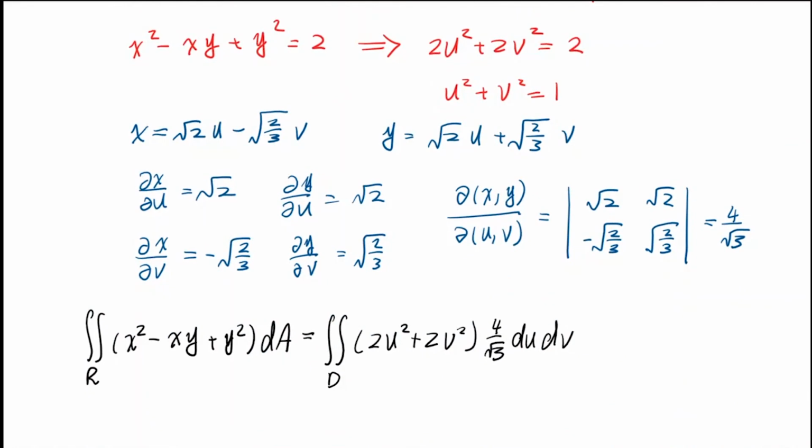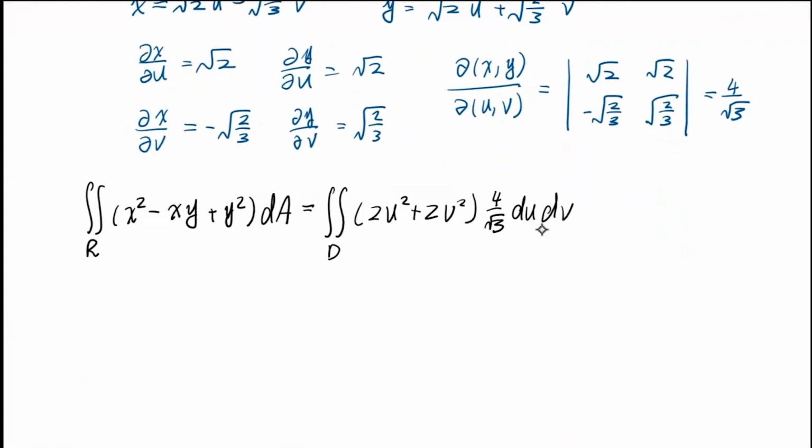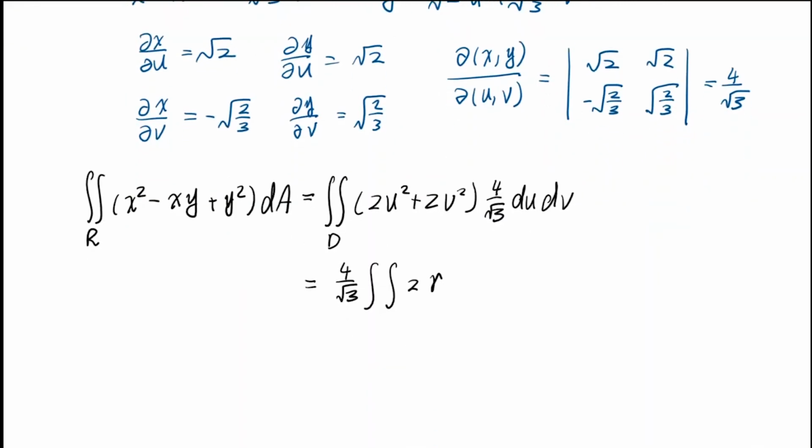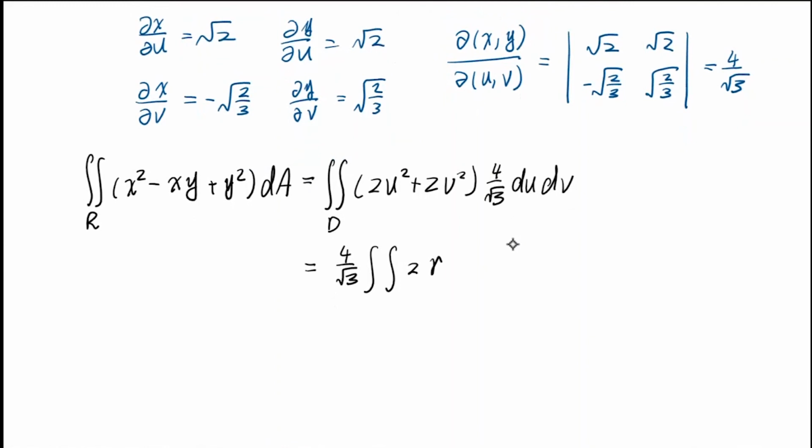Good. Say yes. Now it's downhill. Should we go polar? Of course we should. So 4 over √3 outside, and this is 2r squared, right? We don't want to do another Jacobian here, right?